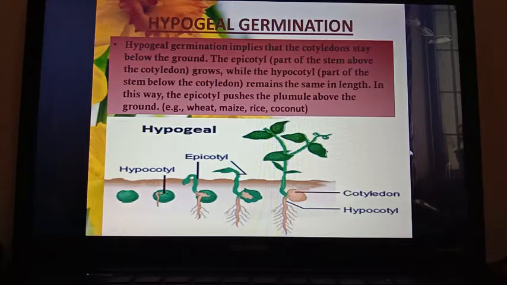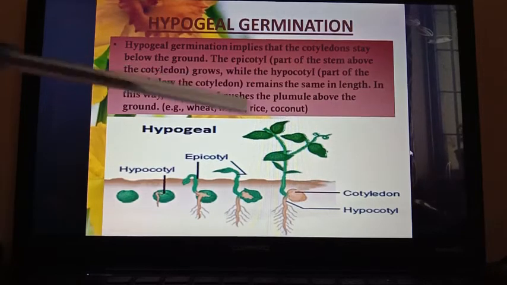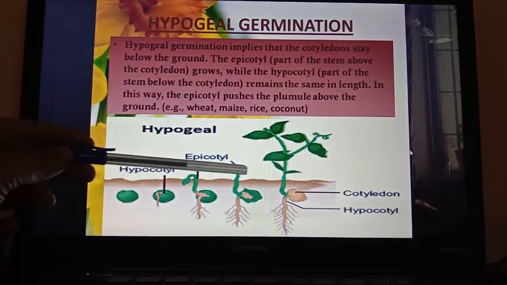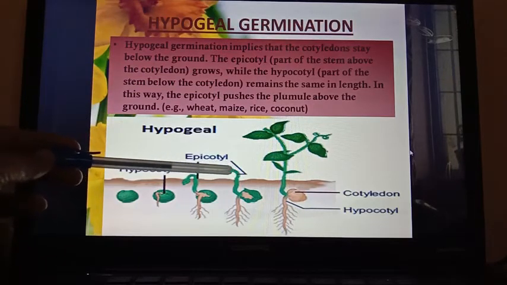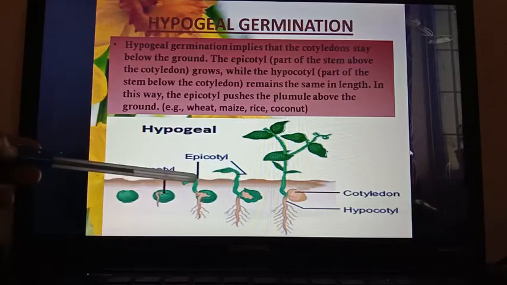In the epigeal germination, you have seen that hypocotyle elongates, and the increased hypocotyle actually pushes the cotyledon to come up out of the soil. But here you can see the epicotyle. What is epicotyle? I have told already. Epicotyle is the part that is present up the cotyledon. So this part, up the cotyledon.